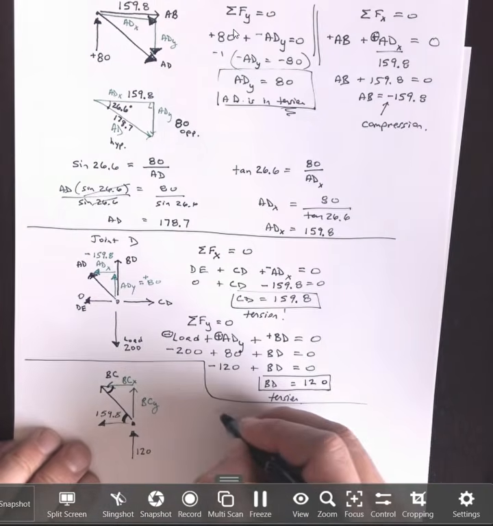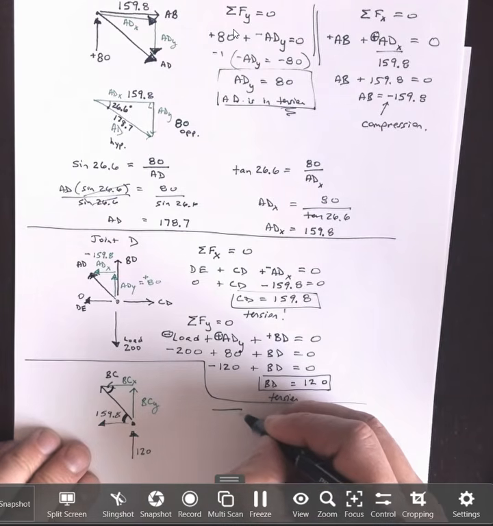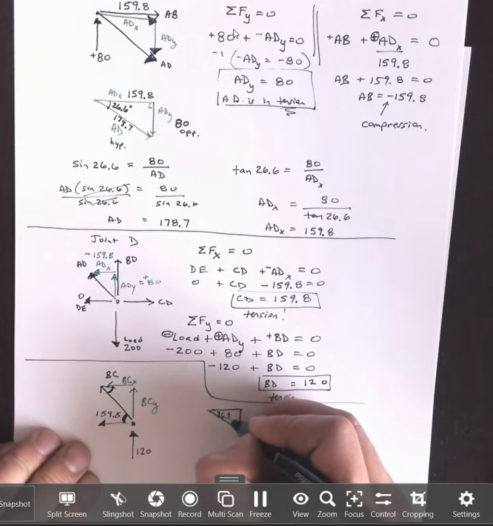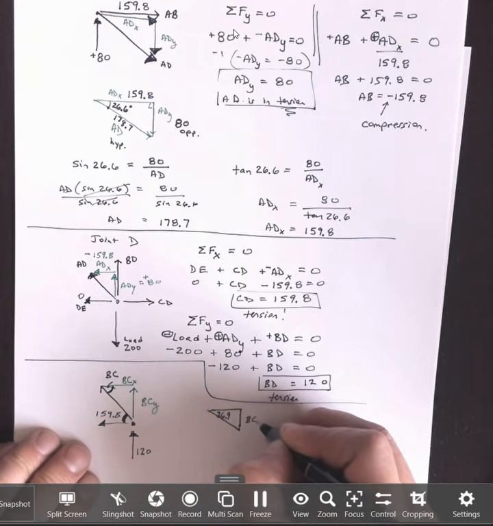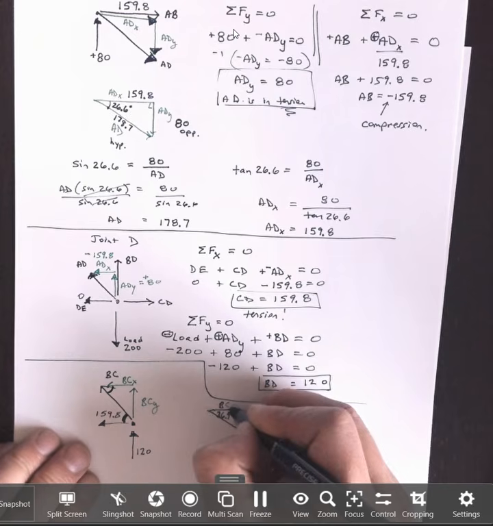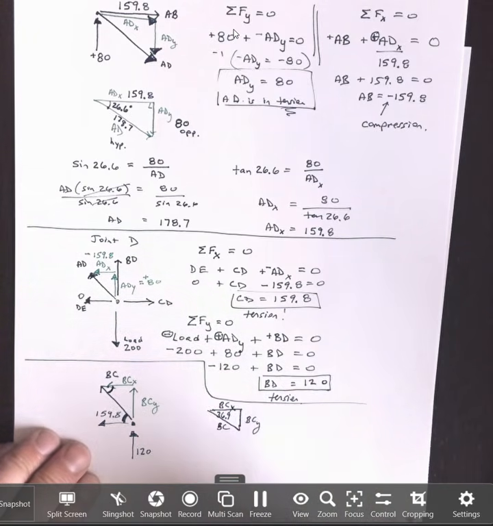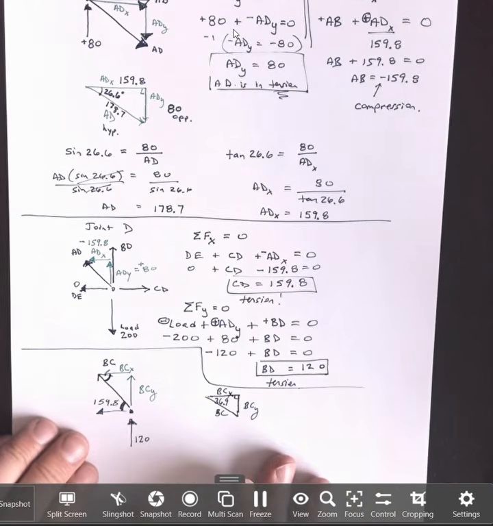So if I want to just draw that triangle for myself, that's 36.9 with BCY, BCX, and BC is the hypotenuse. My goal is to get the hypotenuse. It doesn't matter which leg I get. If I can get one of the two legs, I can then use trig.